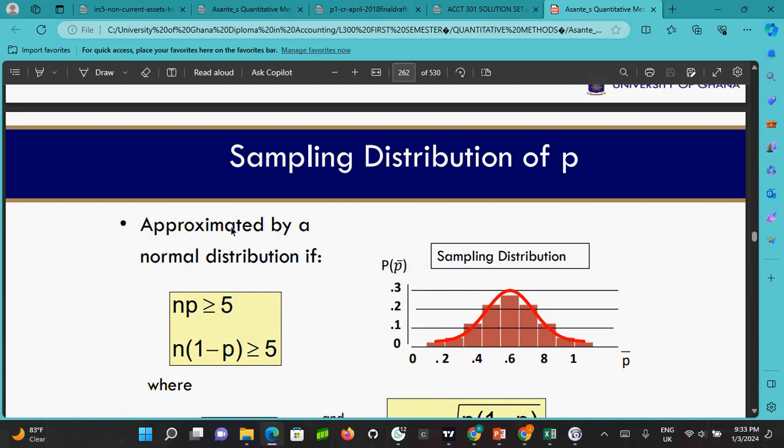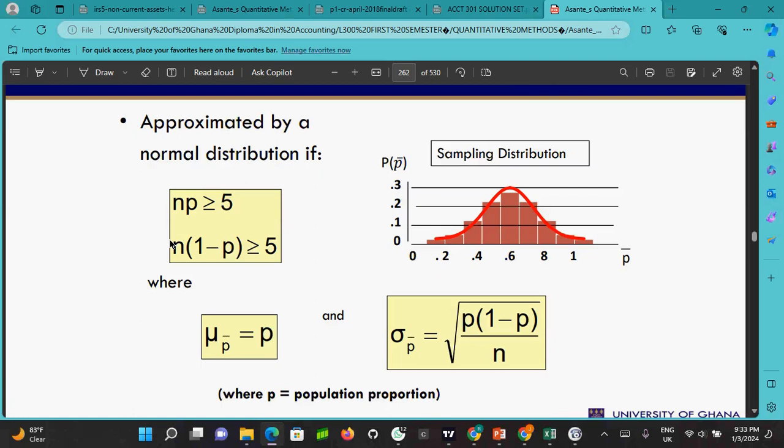If the number of samples selected times the probability of success is greater than 5, and the number of samples multiplied by the probability of failure is also greater than 5, then we assume that the sampling distribution is normal. So the mean here is the population proportion.